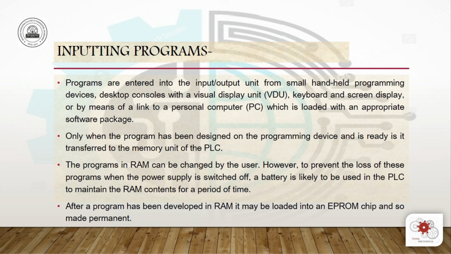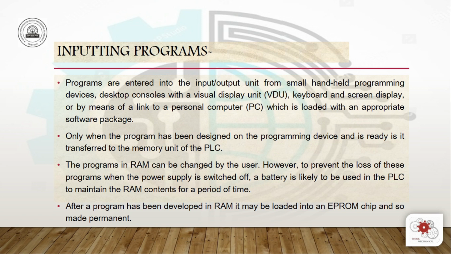The programs are entered into the IO unit through a small handheld programming device, where the desktop console can be considered as an input device and the visual display unit is considered to be the output device. A keyboard and a screen display we can take as an example, or with the help of a personal computer where the CPU is also there.